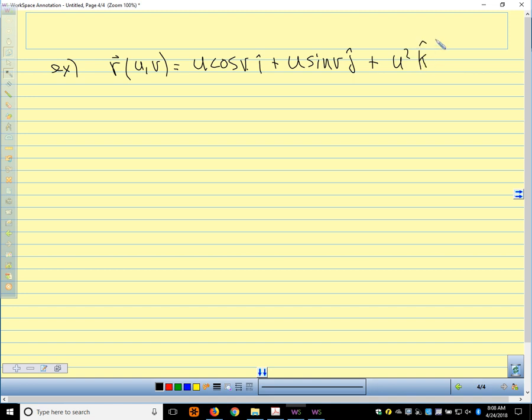So that's going to be our parent equation. I'm going to say for this surface 0 less than or equal to u less than or equal to 2, and 0 less than or equal to v less than or equal to 2 pi.